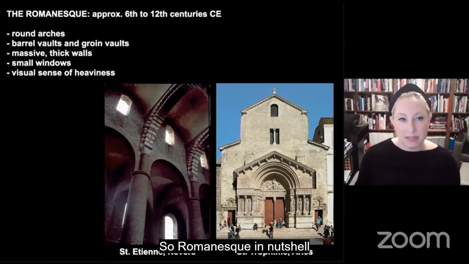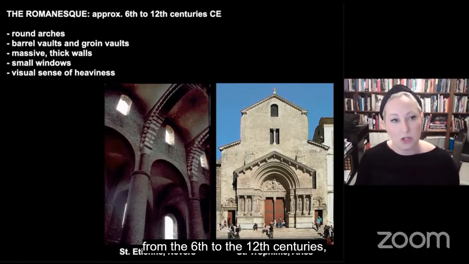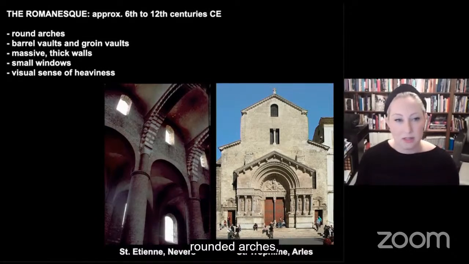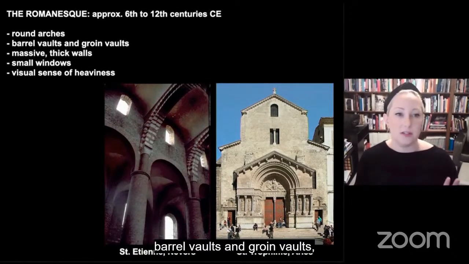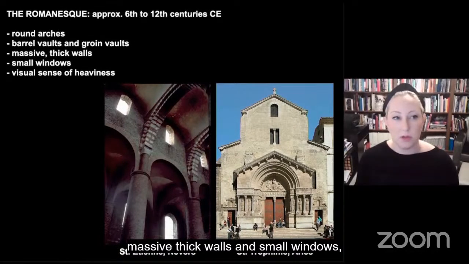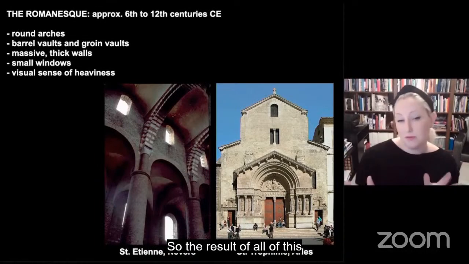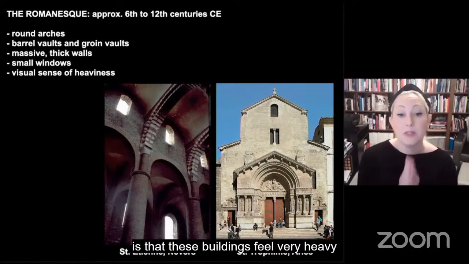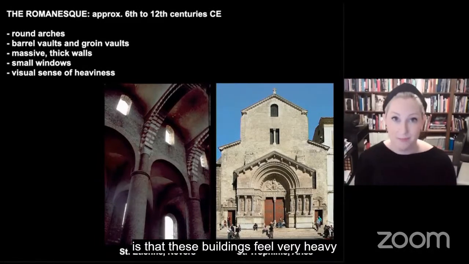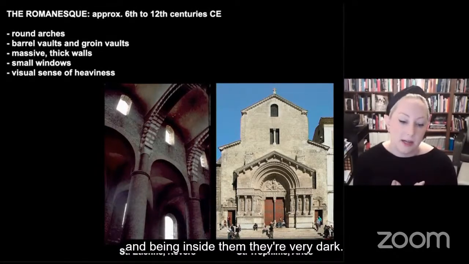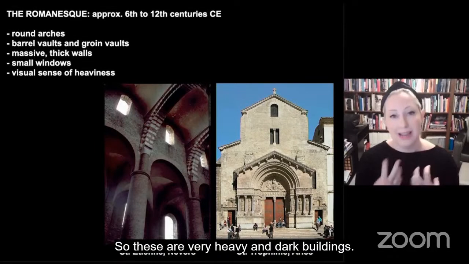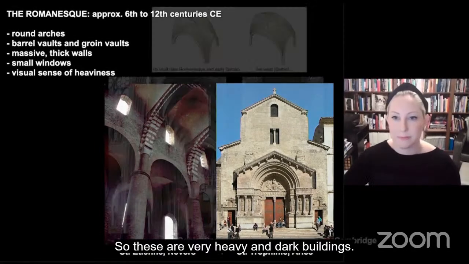So Romanesque in a nutshell, from the 6th to the 12th centuries: rounded arches, barrel vaults and groin vaults, massive thick walls, and small windows because of those thick walls. So the result of all of this is that these buildings feel very heavy. And being inside them, they're very dark. So these are very heavy and dark buildings.